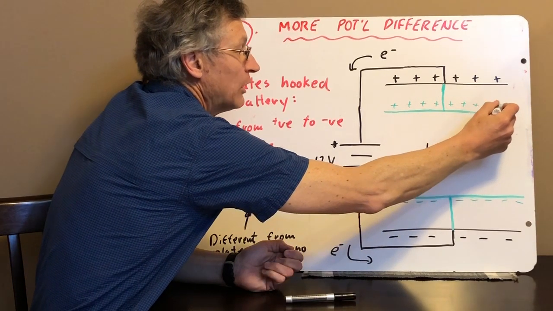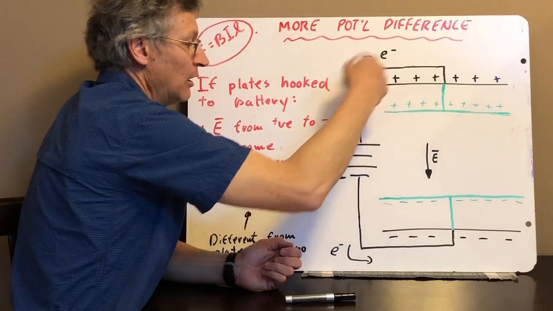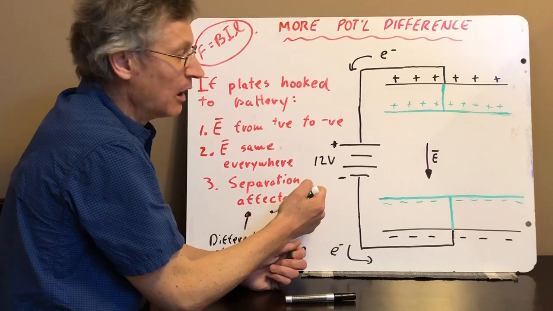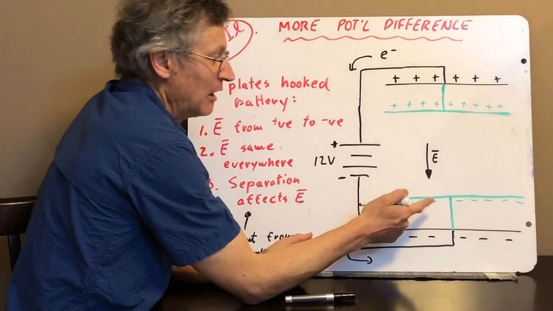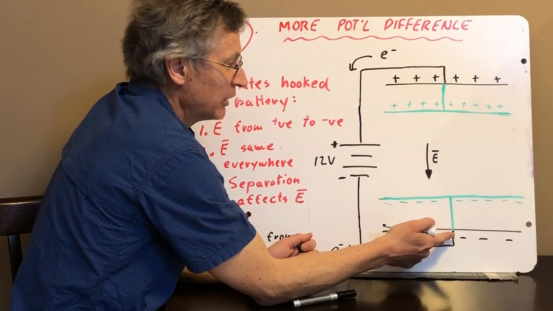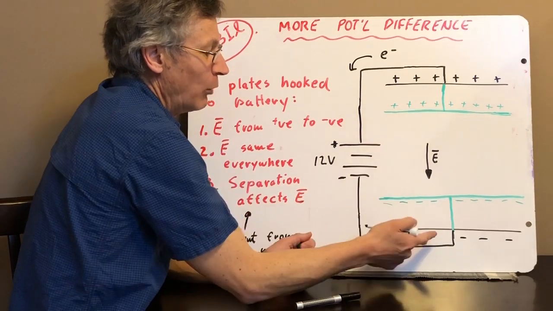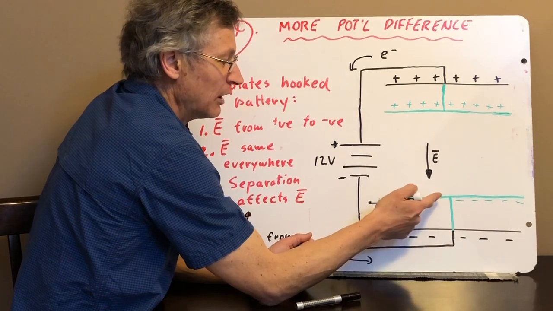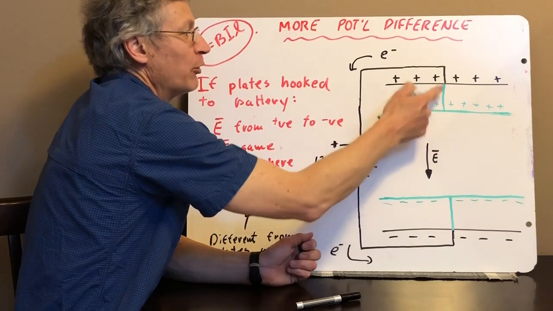So not only are the electrons in the top plate being pulled by the positive terminal of the battery, but they're also being pushed with a lot stronger force from these negatives down here. These negatives used to be way down here, pushing on the electrons up here very weakly, while now they're a lot closer. Now these negatives are pushing on the electrons in the positive plate with a lot more force.